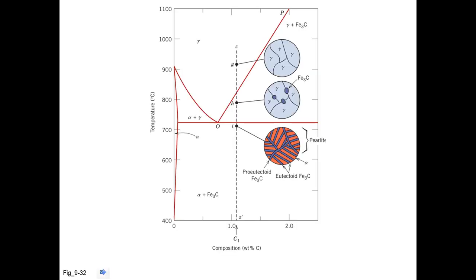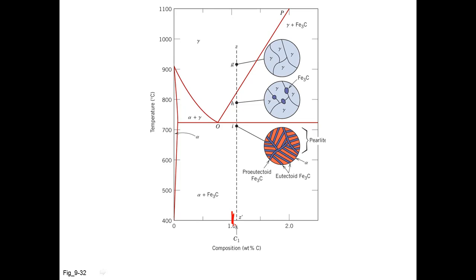So let's take a look at the relevant diagram. In our case, the weight percent carbon is 1, so slightly lower carbon concentration than shown in the figure, but the decomposition from G to I is exactly the same mechanisms.